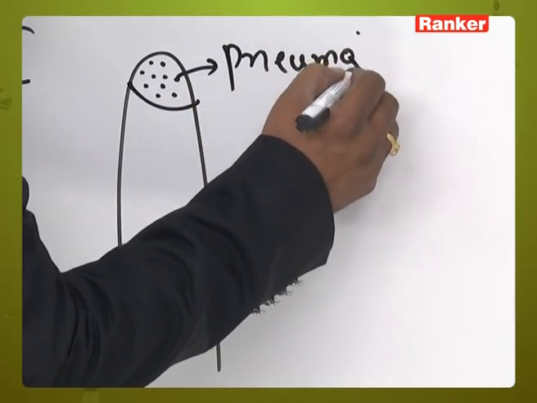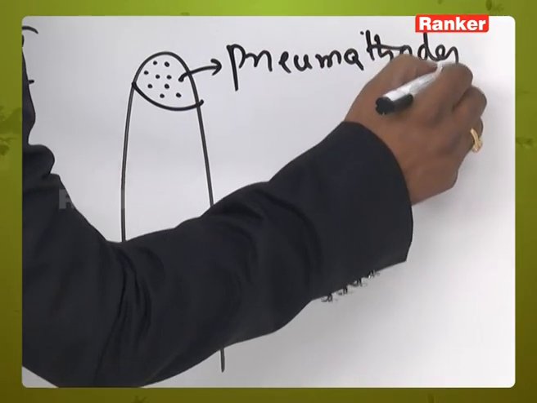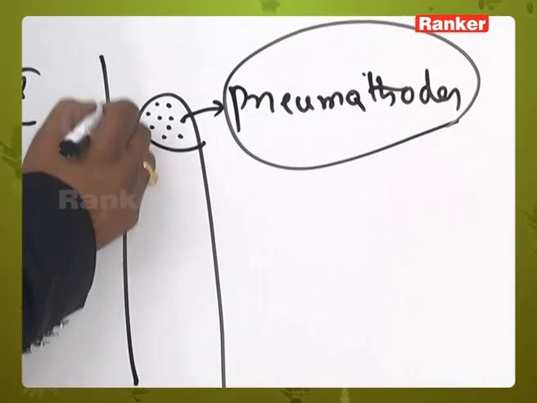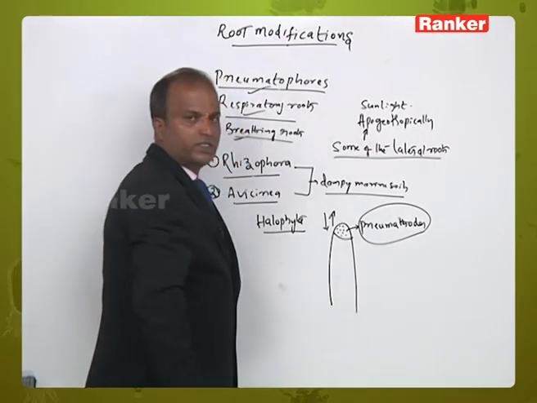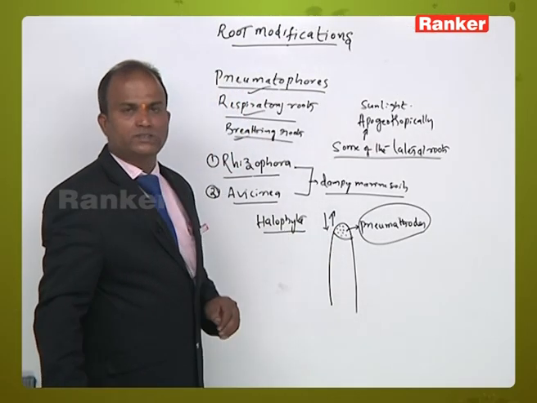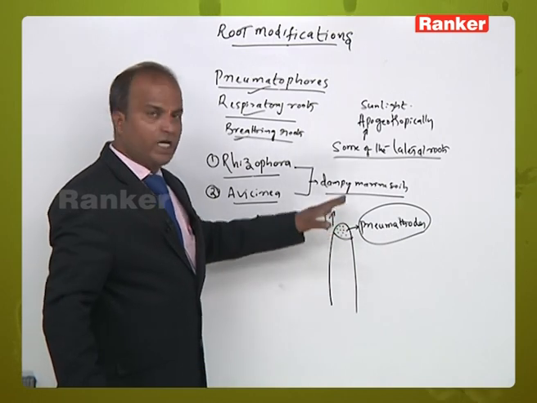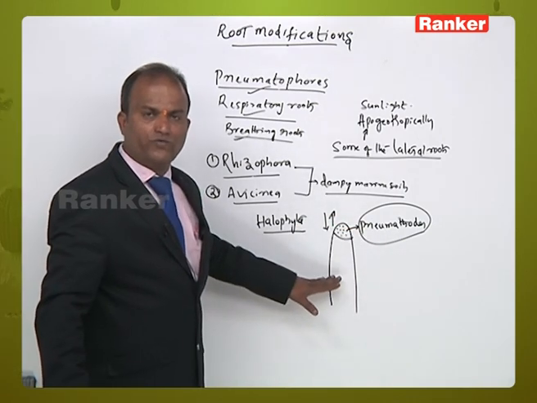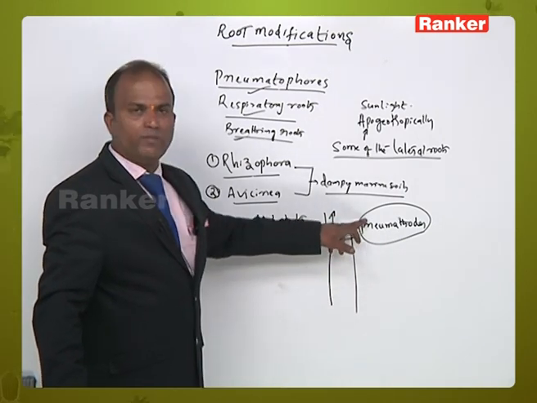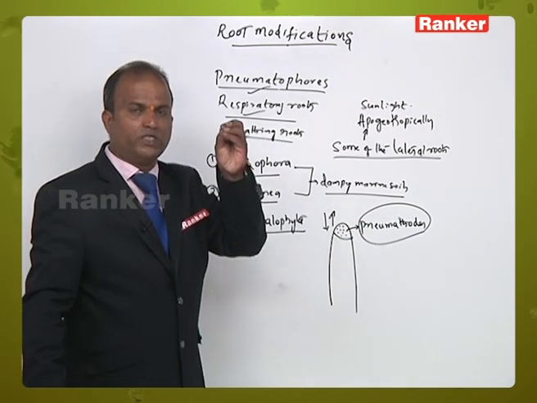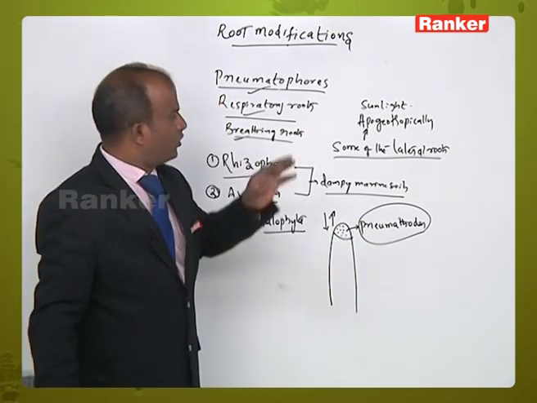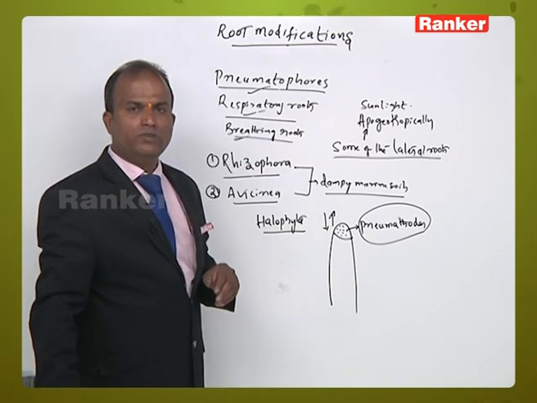These nematodes help in gaseous exchange. Nematodes are the small openings present towards the apex of the nematophore, or respiratory root, or breathing root.